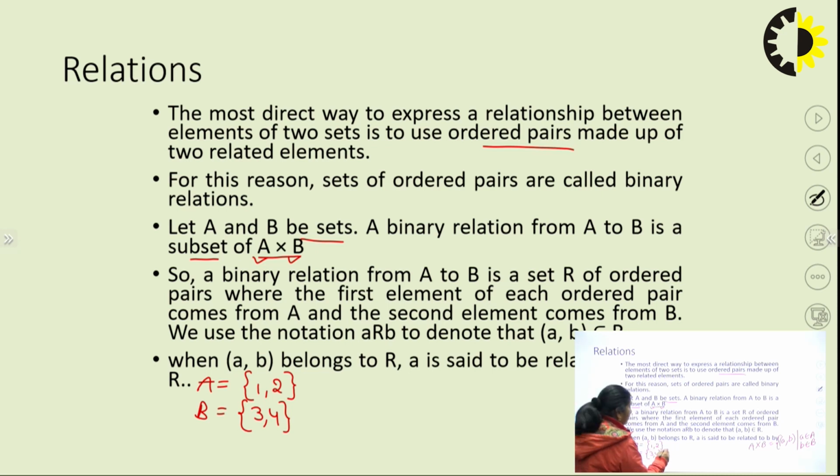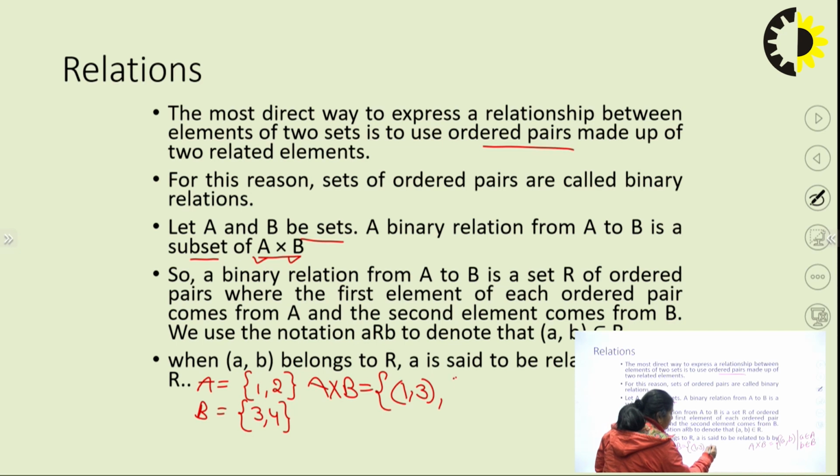It will contain all the ordered pairs where the first element is from the first set. Our first set has contents 1 and 2, so the first element will be from A. Let me take 1, and the second from the second set. So I can have these two possibilities: 1 can be taken with 3 and 4.